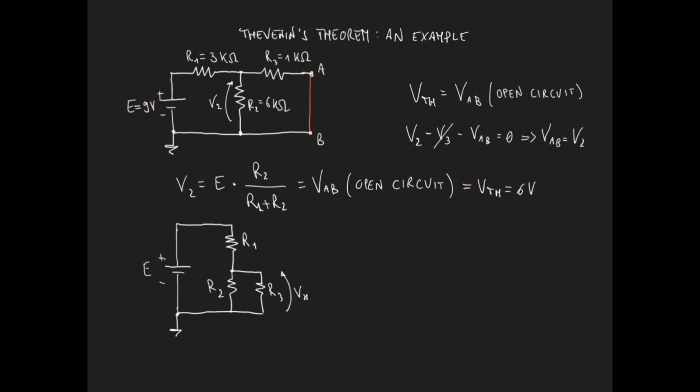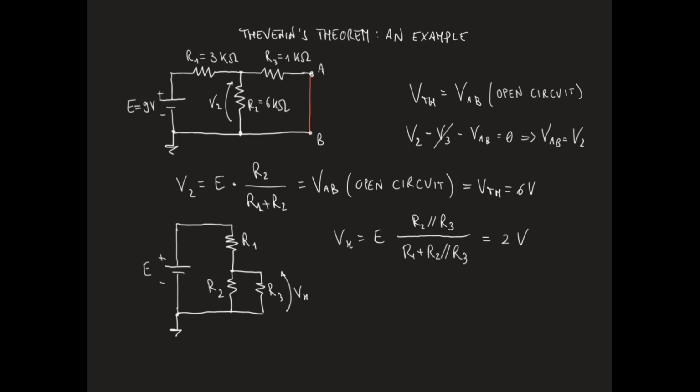Vx here can be seen as the voltage at the output of a voltage divider consisting of the battery E and the resistor R1 in series with R2 and R3 in parallel. Therefore, Vx is equal to E times R2 parallel R3 divided by R1 plus R2 parallel R3. If we replace the values of E and of the resistors in this expression, we get 2 volts.